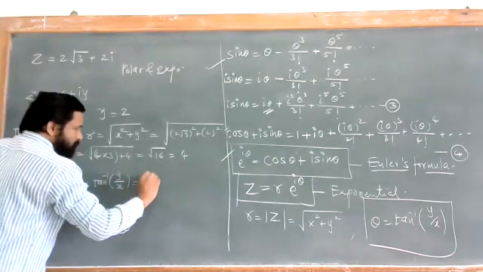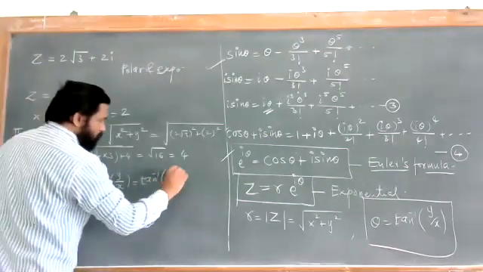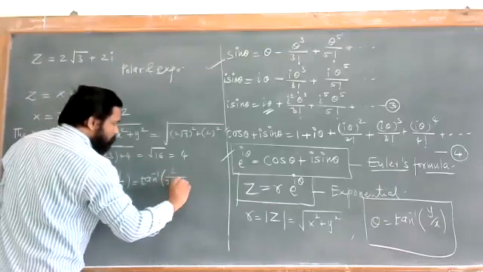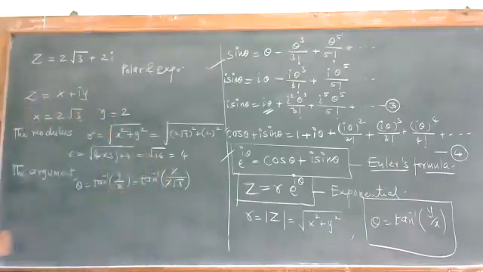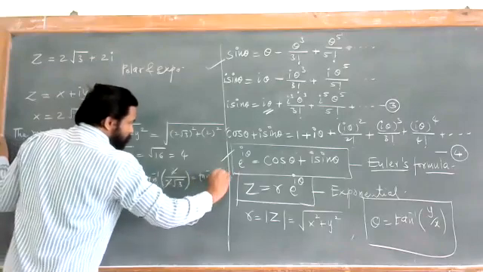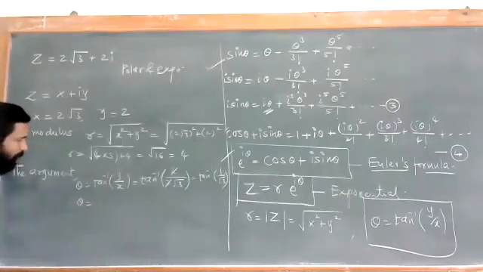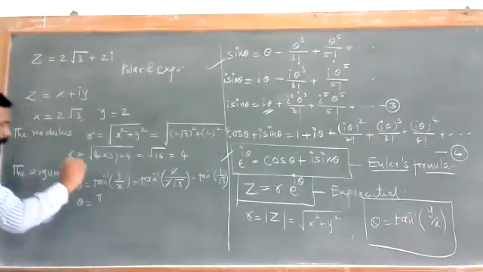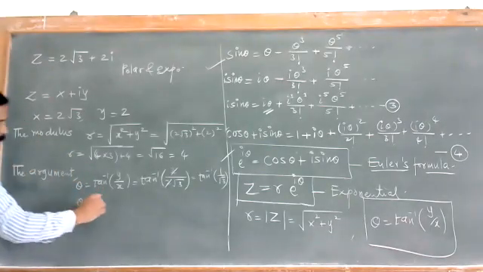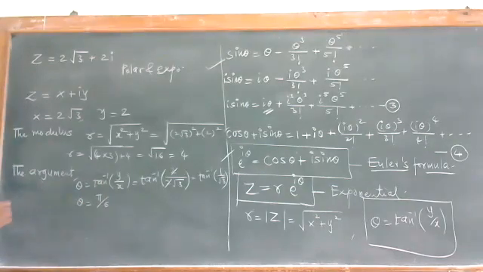So this is tan inverse, the value of y is 2 divided by the value of x is 2 root 3, and that's why the value of your theta is equal to tan inverse of 1 upon root 3, and that 1 upon root 3 for your tan comes out to be pi by, or you can say 30 degree, pi by 6.